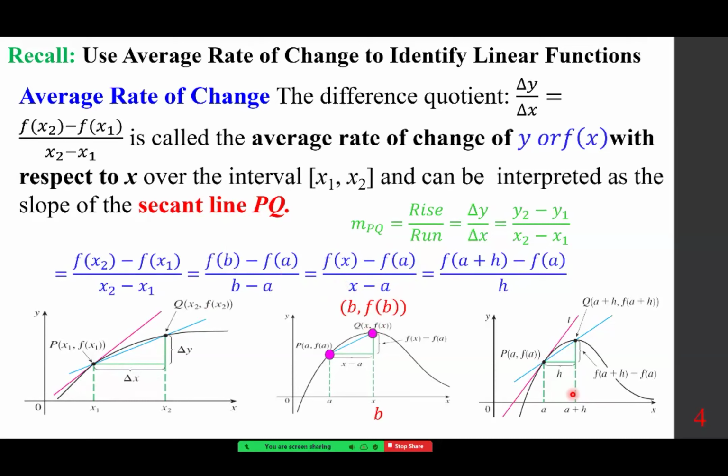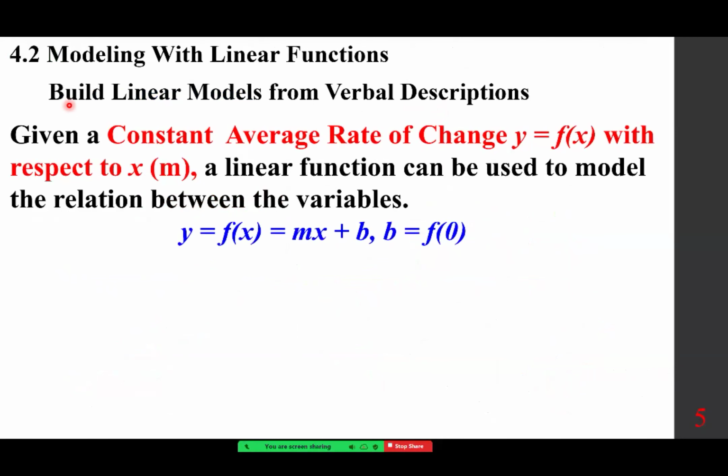And if you look at the last one, where the run is h, we go from a to a plus h, and the rise is f of a plus h minus f of a, which gives us f of a plus h minus f of a over h, normally known as the difference quotient. But they all mean the same thing, as has been explained before.